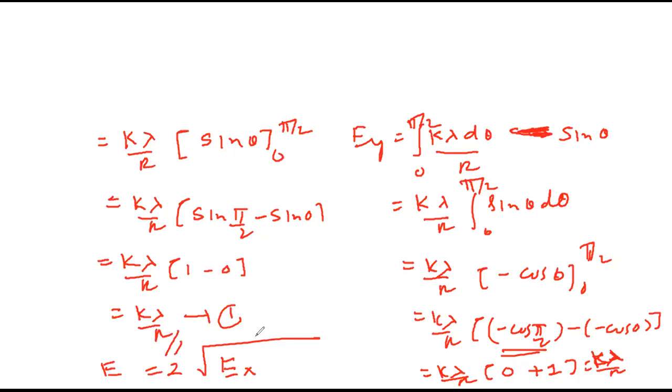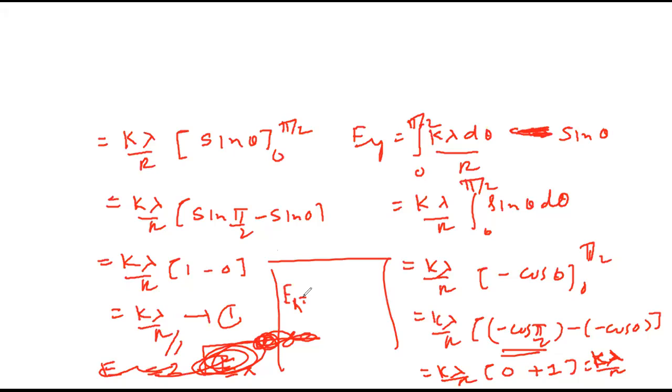Are you getting what I said? Root 2 times given vector. So E resultant is equal to root 2 times any one vector. Taking Ex, it is root 2 times k lambda by r.